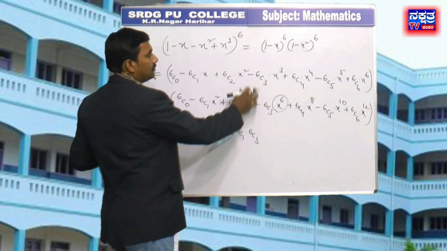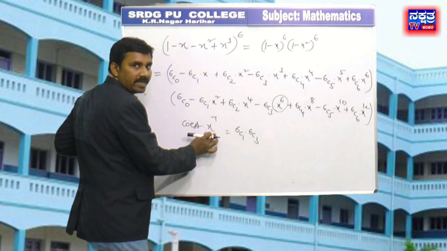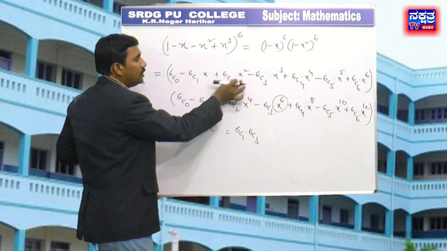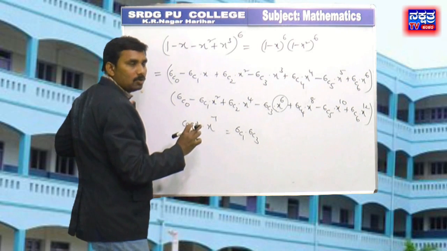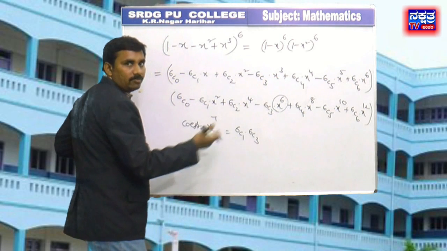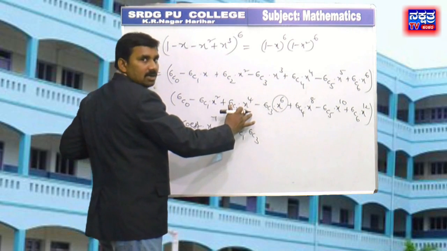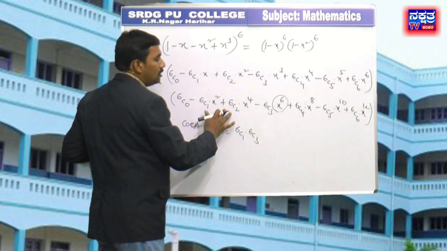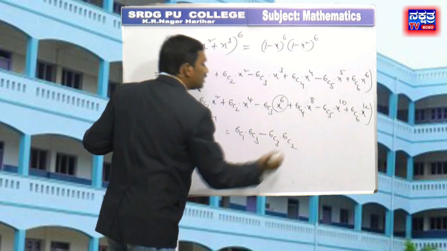Now the second term, x square into x power 5 we need to get x power 7, that is not there. So what we have to do, x cube into x power 4. Next term we have to continue, that is x cube into x power 4. Clearly x power 7, the coefficient is minus 6c3 into plus 6c2, minus 6c3 into 6c2.